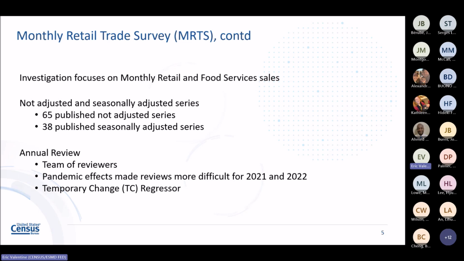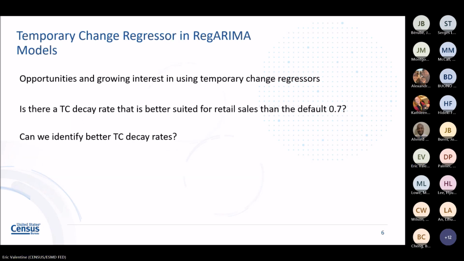Some typical outliers used when modeling retail sales time series are additive outliers and level shifts. A regressor that's less often used to model these series is a temporary change regressor, or a TC. There seem to be some opportunities and growing interest in using TCs during annual review.